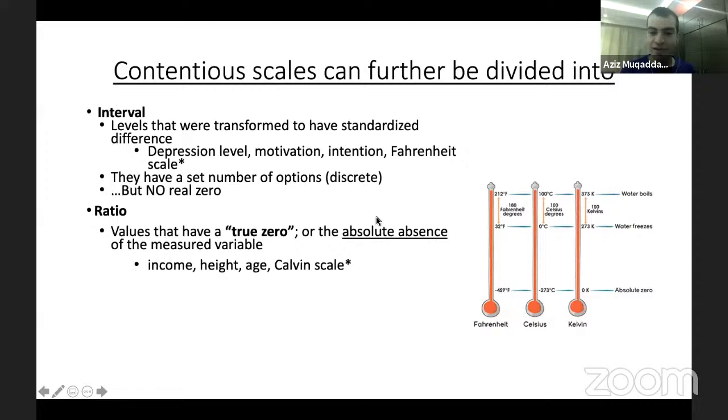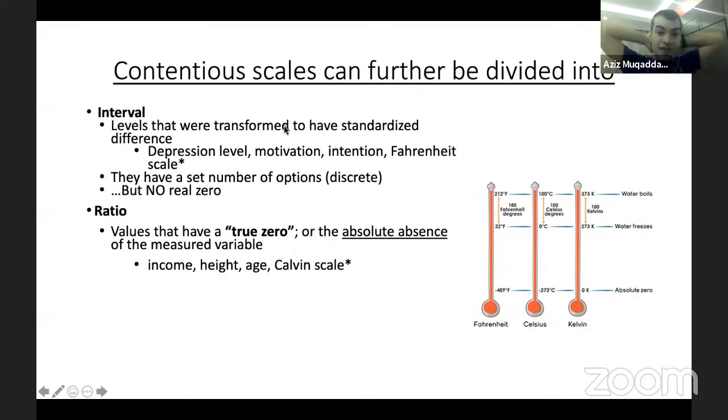Has anyone heard about the Kelvin scale or the absolute zero in temperature? Anyone? I heard about it in high school, but I haven't really thought about it since then. What do you remember about it, Emily? I remember that zero is different from the zero in Fahrenheit and Celsius, and is maybe hypothetically the coldest something can be, if I'm remembering correctly.